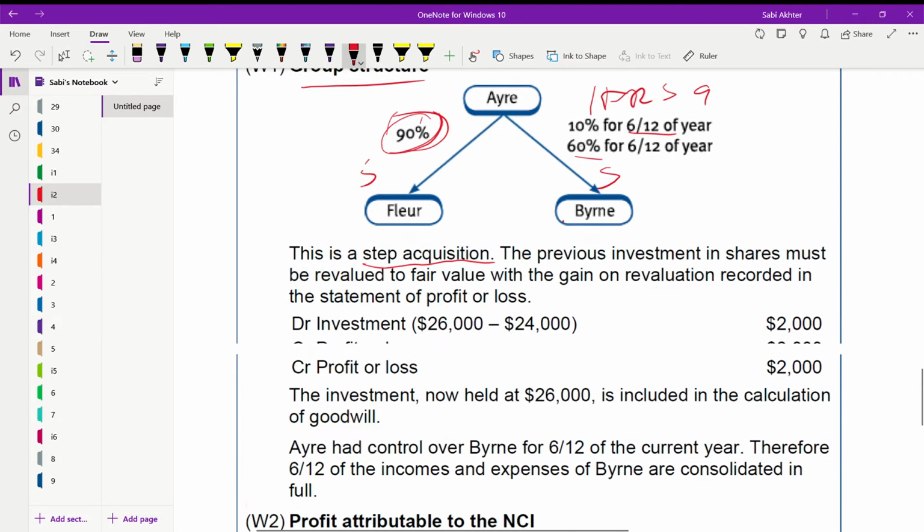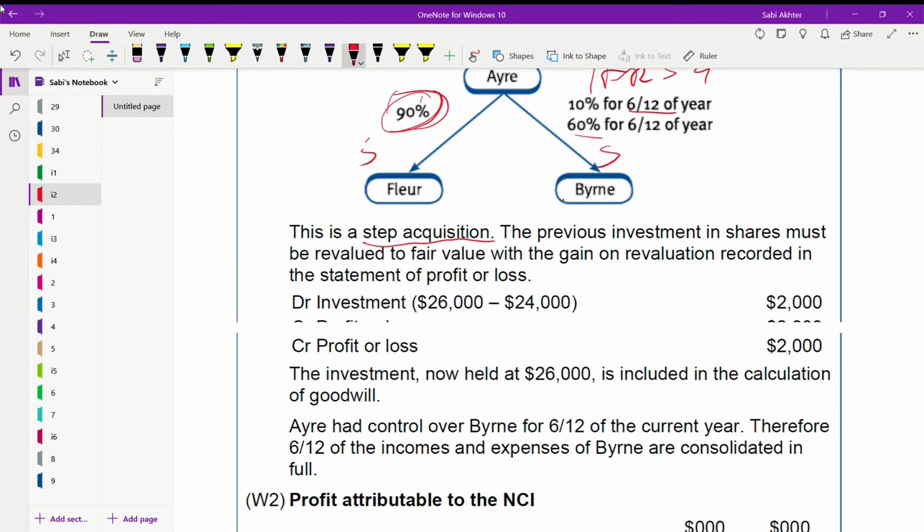That's why, for the step acquisition, the previous investment in shares has to be valued at fair value. That means the 10%. What is the value for that investment when it was 10%? You have to revalue it at fair value, because they have given you the cost only.